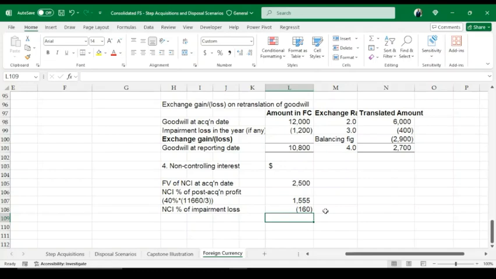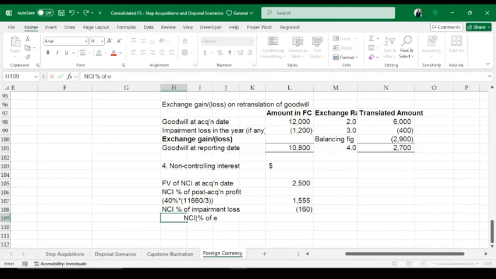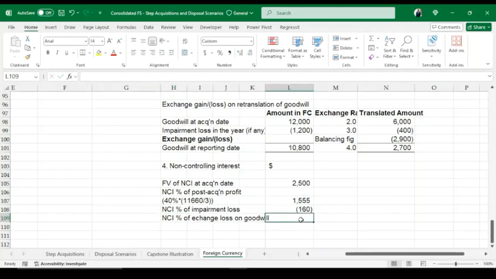And then we also have the NCI percentage of exchange loss on goodwill. So that will be equal to, what's the exchange loss?